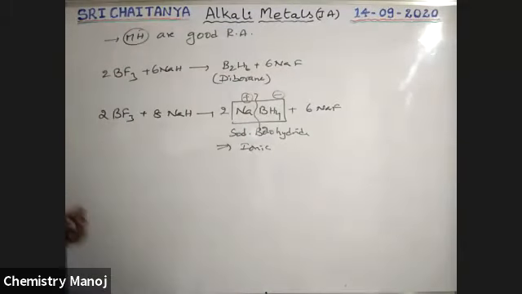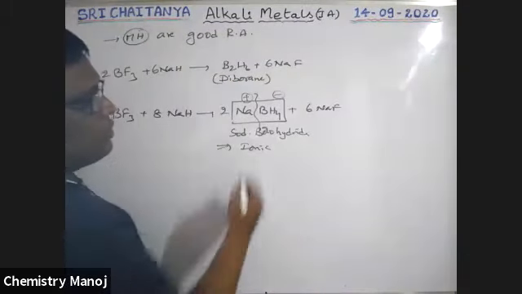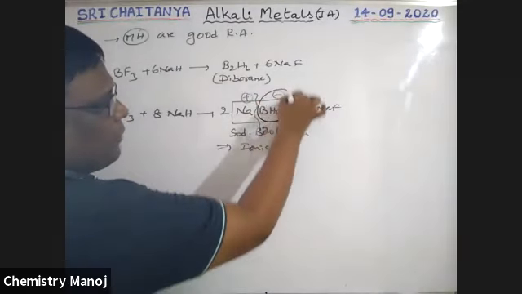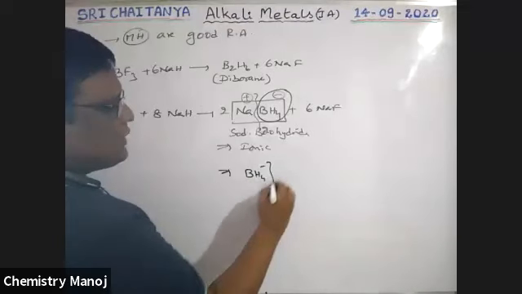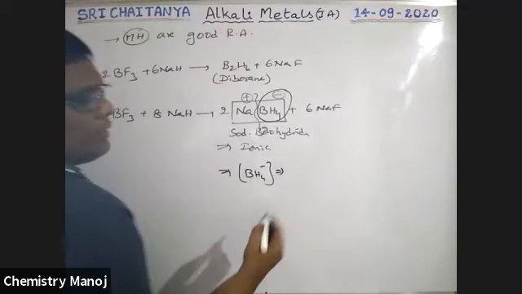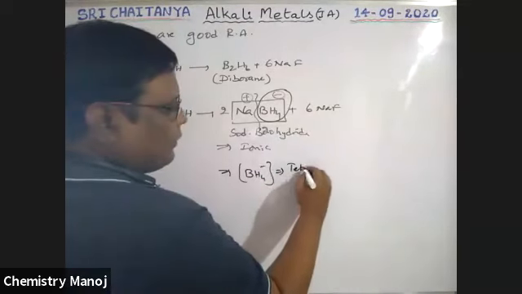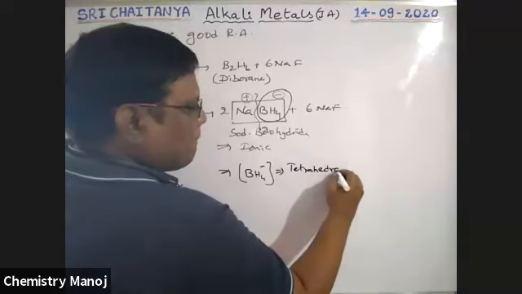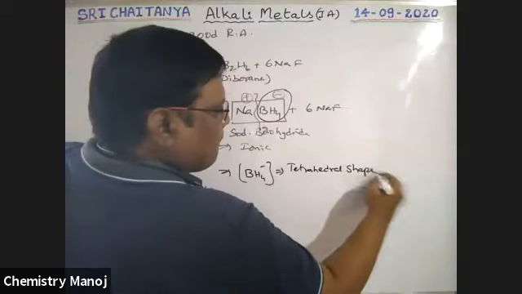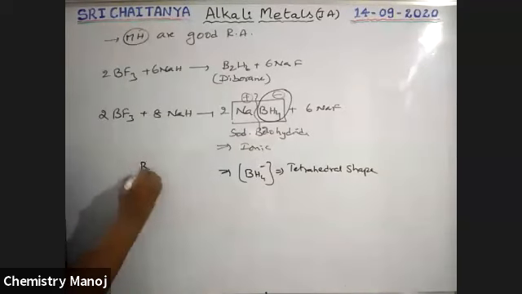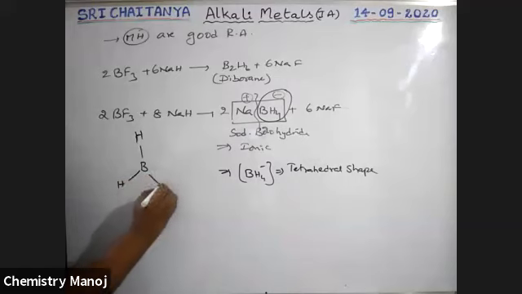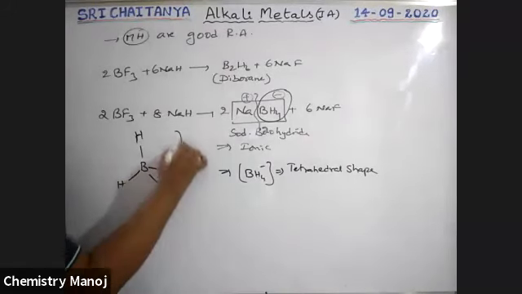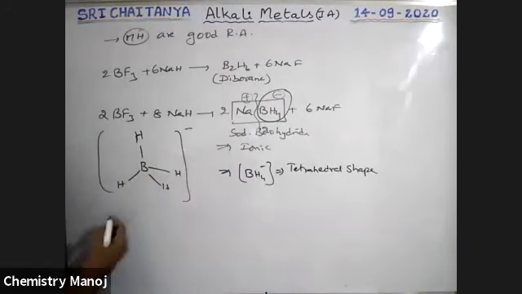So here the BH4 minus ion exists. That BH4 minus ion has a tetrahedral shape. I am drawing here boron with four hydrogens, BH4 minus ion.